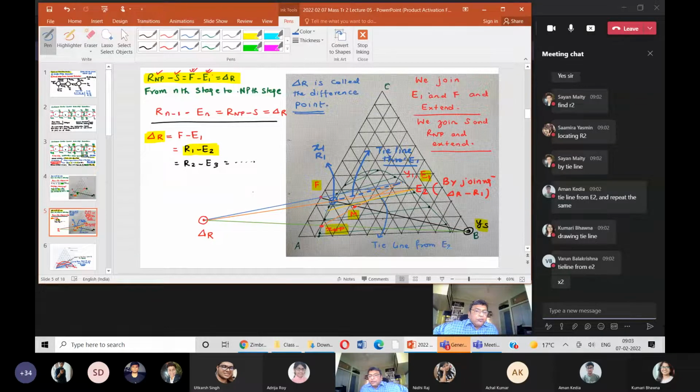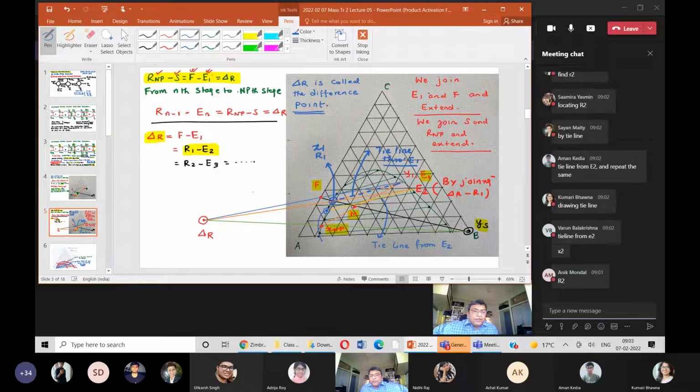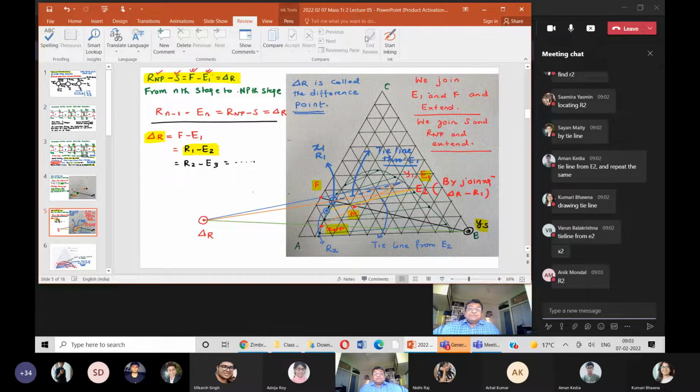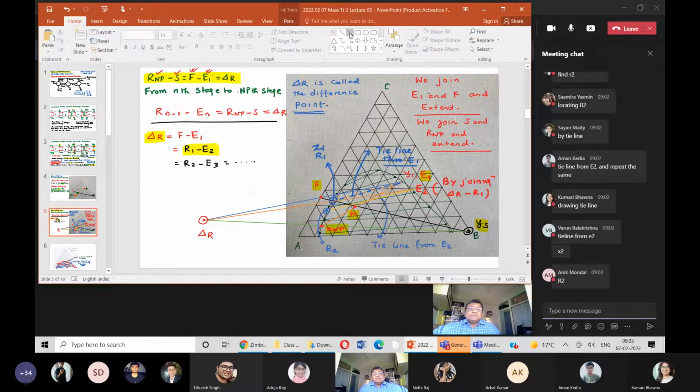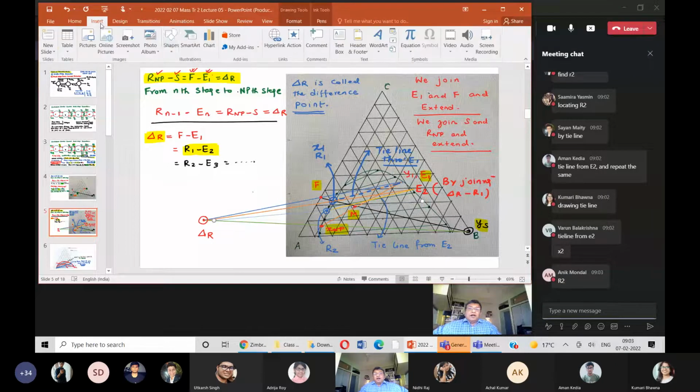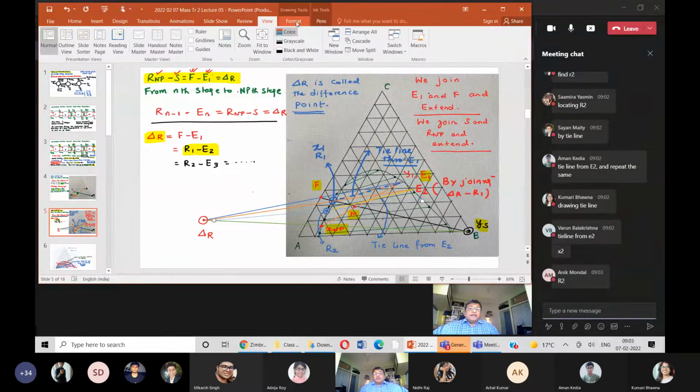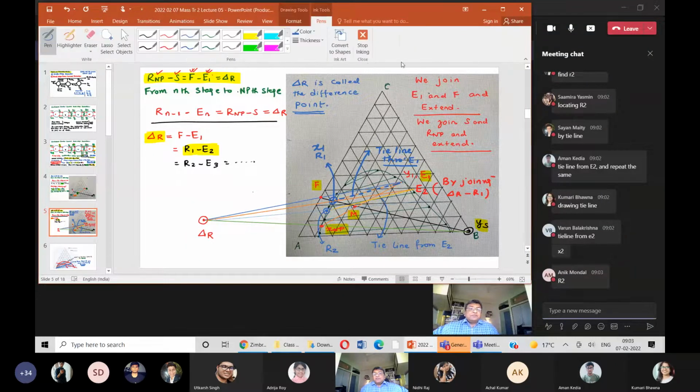Tie line from E2, and this gives R2. What next? Join delta R2 to get E3. Clear?